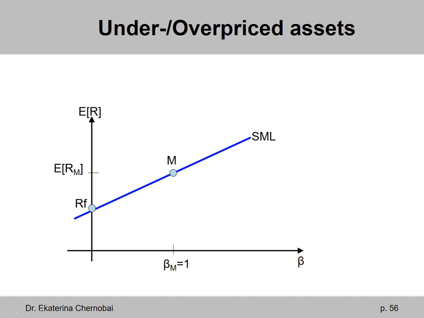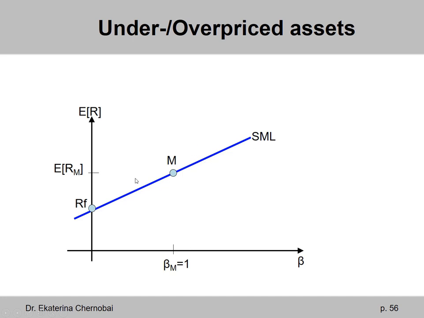Okay, then let's look at this graph again. What if we are given some information on a company stock? We know the beta, we know the return on it, and we realize that the return is actually higher than the return that would be on the security market line, right?